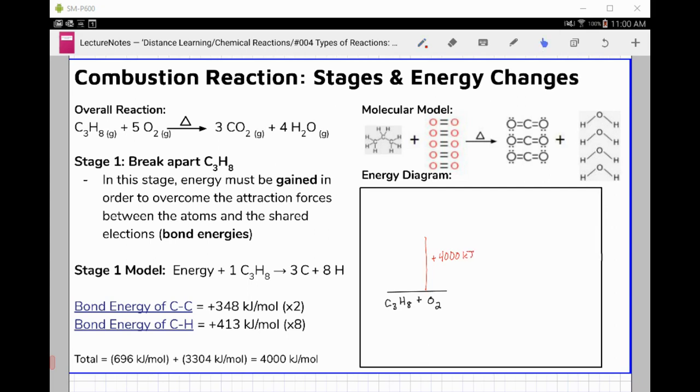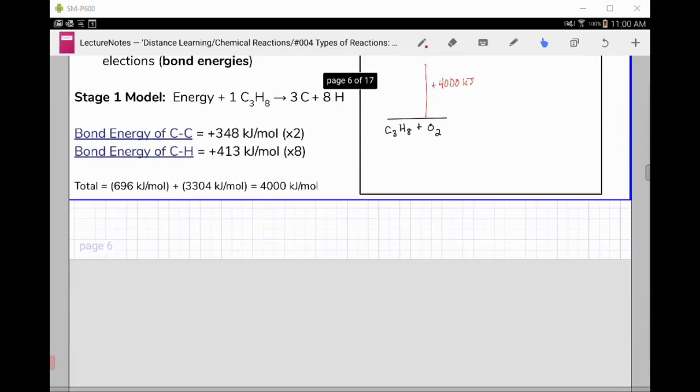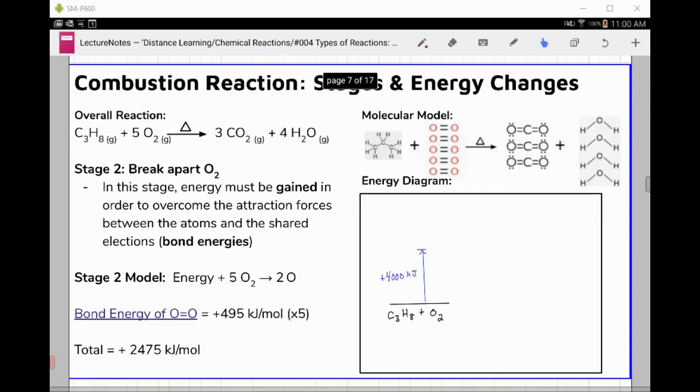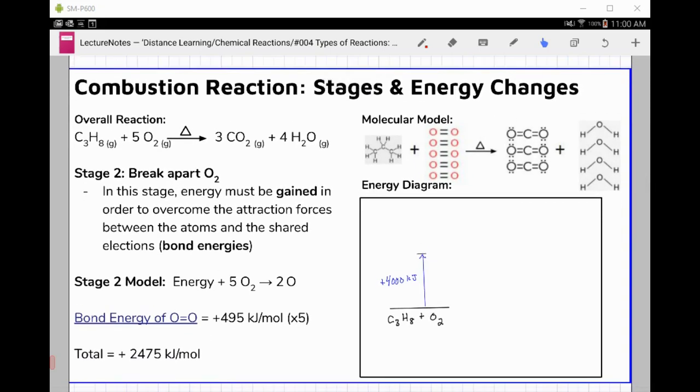Now, once that's all broken apart, it still can't recombine with the oxygen because the oxygen is currently bound to other oxygens in the diatomic molecule. So before we can go to the next stage, we need to also break apart those 5 oxygens. Right? This double bond here, here, here, here, and there, all up in these reactants.